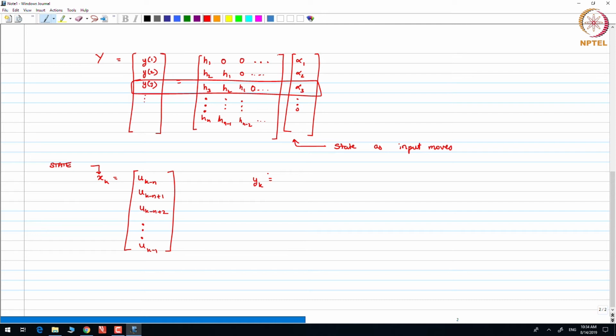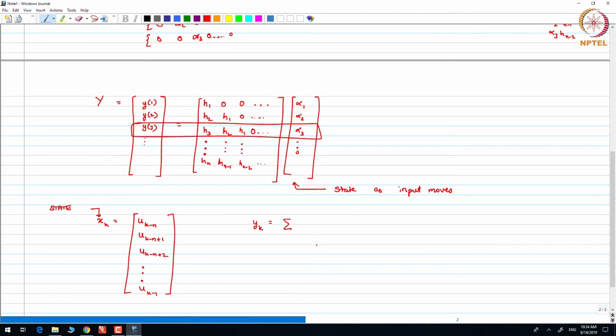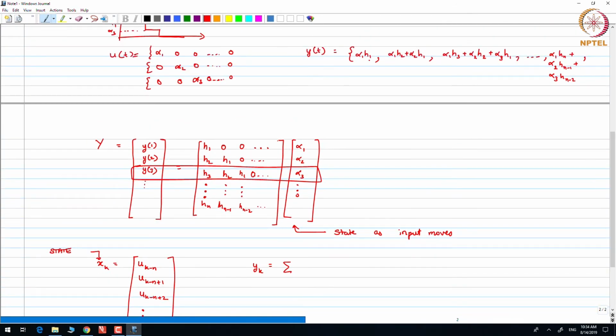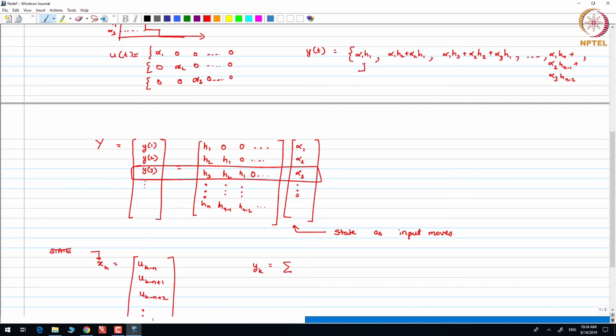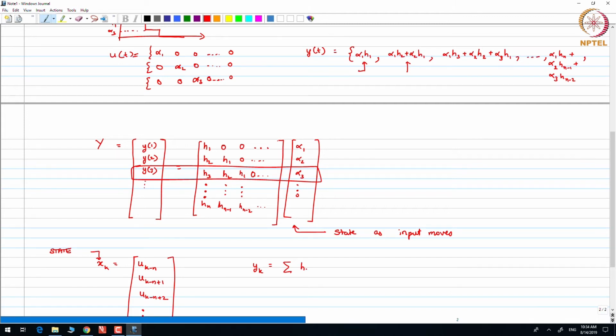So, yk is going to be a summation. If you look at this particular guy, this one was y1, this one is y2 and so on and so forth. So, it is going to be equal to hi multiplied by uk minus i, with i going from 1 to n.